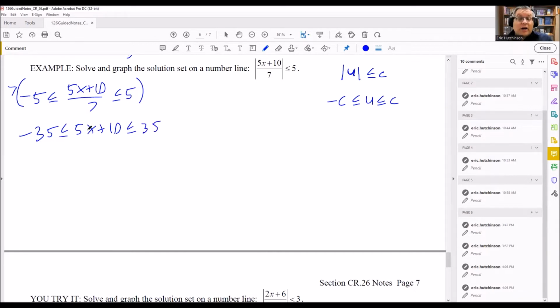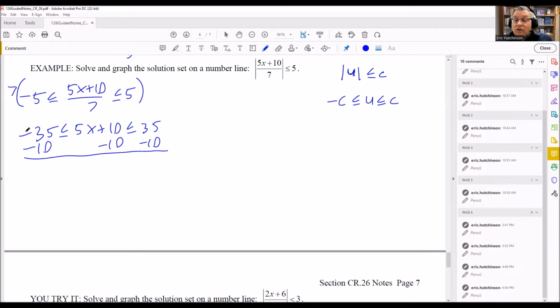You want to get the x by itself. So to do that, we need to get rid of the 10 here. Now, the way we do that is you do the opposite operation. Instead of adding 10, we're going to subtract 10, but you have to do that on all the sides. So the left-hand side, the right-hand side, and the middle, we're subtracting 10 from all those.